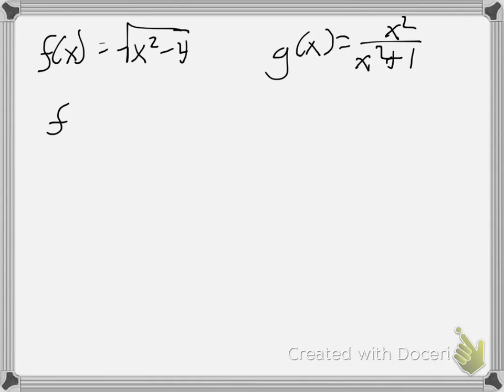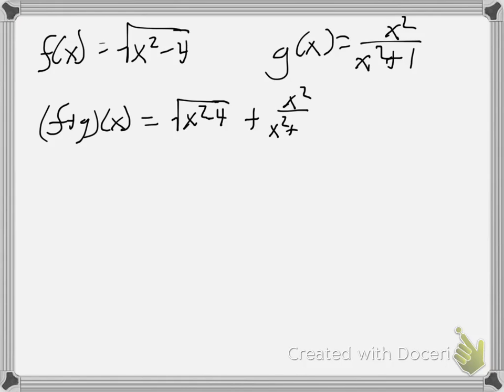So for f plus g of x, I'm going to go ahead and take those and add those together. And if I do the square root of x squared minus 4 plus x squared over x squared plus 1, there's not a lot to do there.